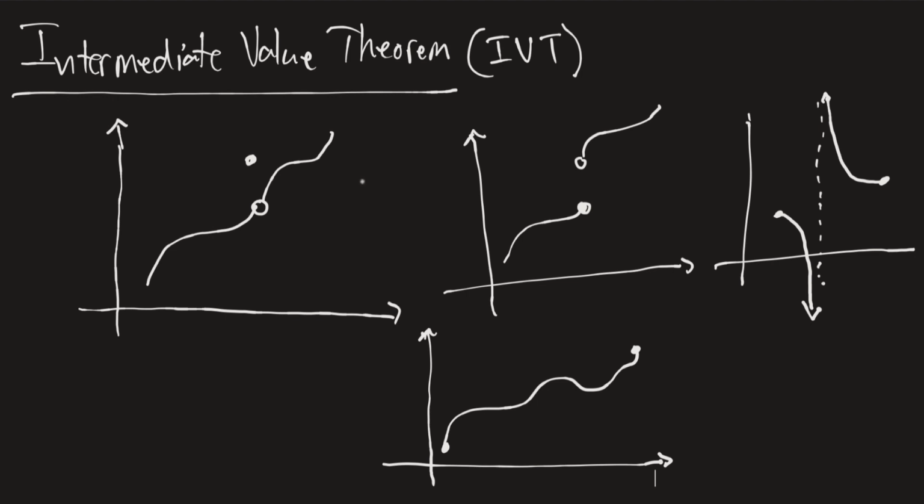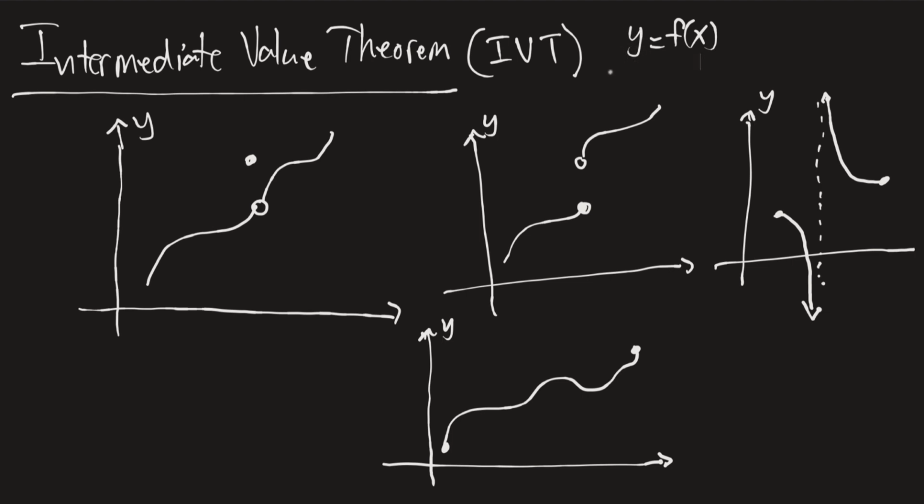And here's the game. You get to pick a y value, a value on the y-axis. And then I would have to find an x value so that when I plug it into the function, I will always get the y value that you picked.